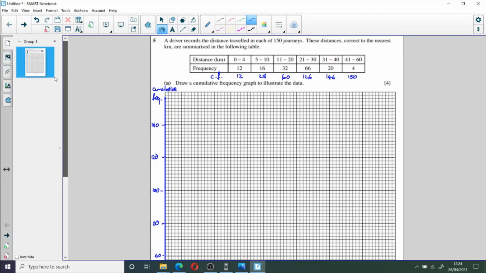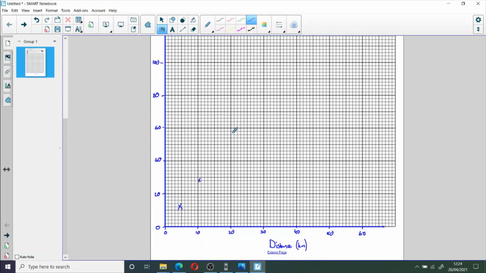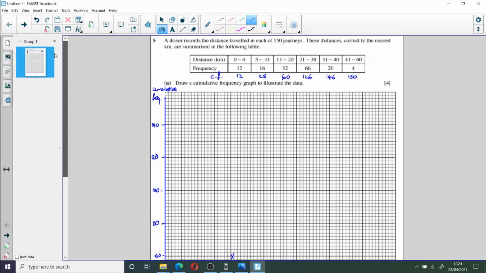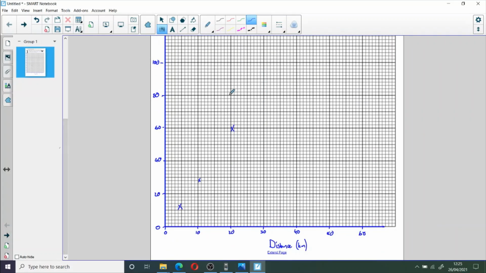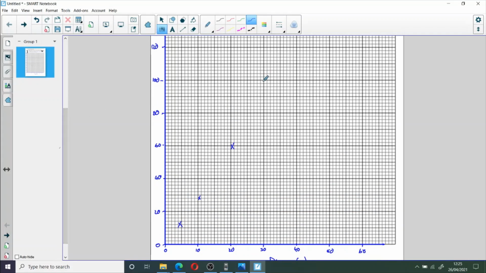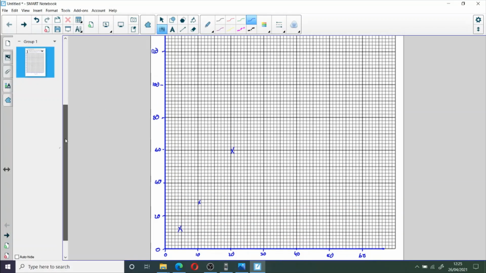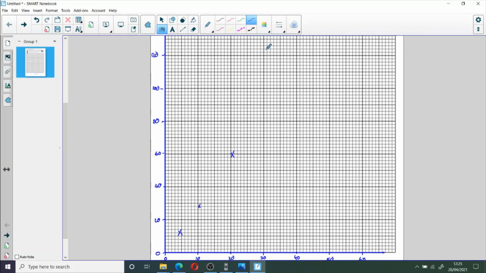At 20.5 we're going to plot 60. At 30.5, 126. So 30.5, 126.